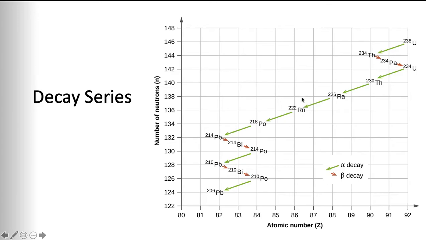One thing that I do want to point out is this radon with a mass number of 222, right in the middle of this cascade decay series for uranium. This is what actually makes radon kind of dangerous.